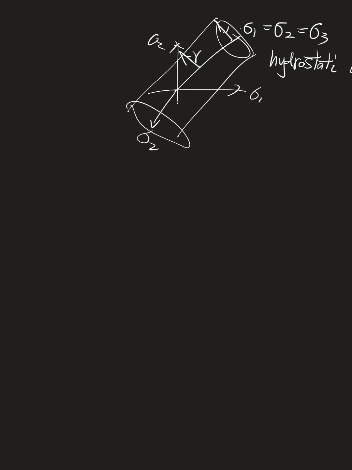So we can write the deviatoric stress as the total stress minus P times the identity. This is in tensor notation, so I don't write out the index, and P would be equal to 1/3 of the trace of the stress. That's what we talked about.